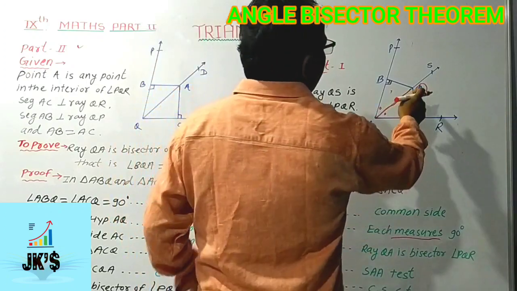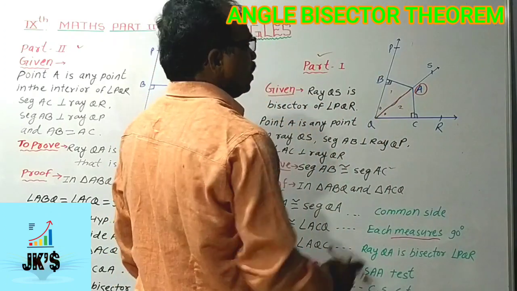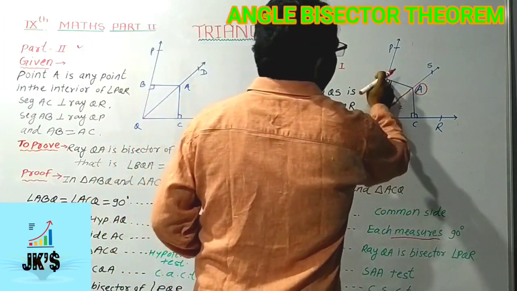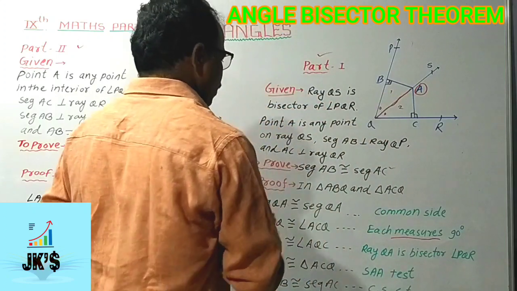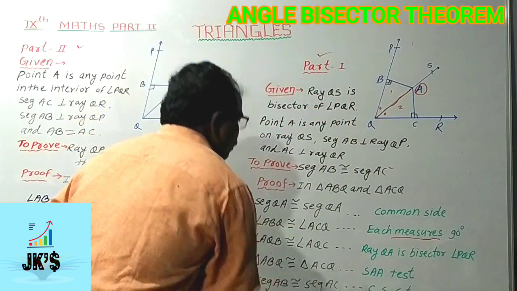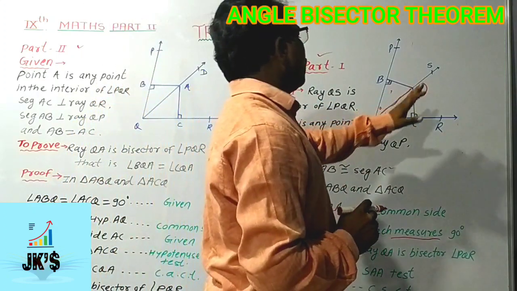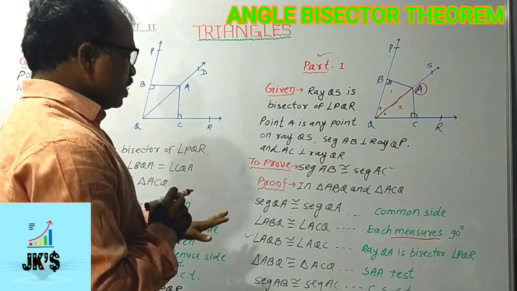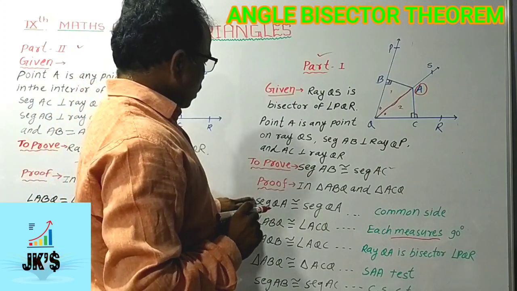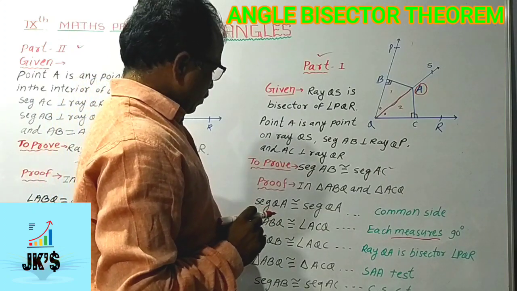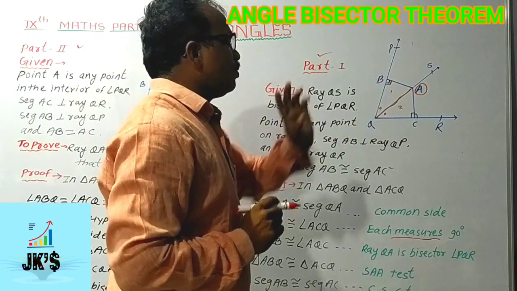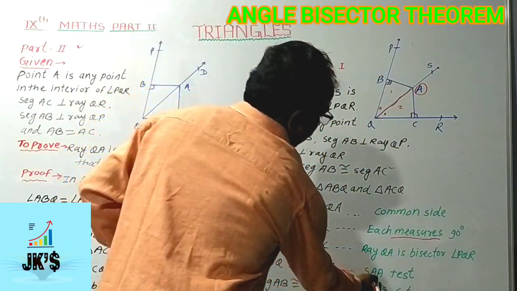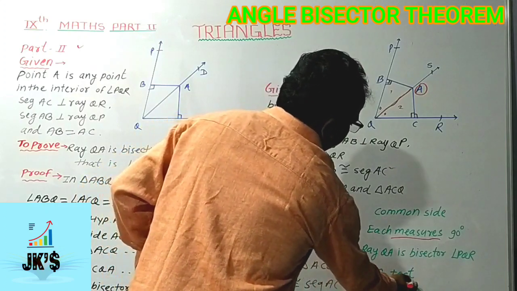So we can say that angle AQB is congruent to angle AQC, because QA is a bisector of angle PQR. When we see this side and angles, triangle ABQ is congruent to triangle ACQ by the SAA test.